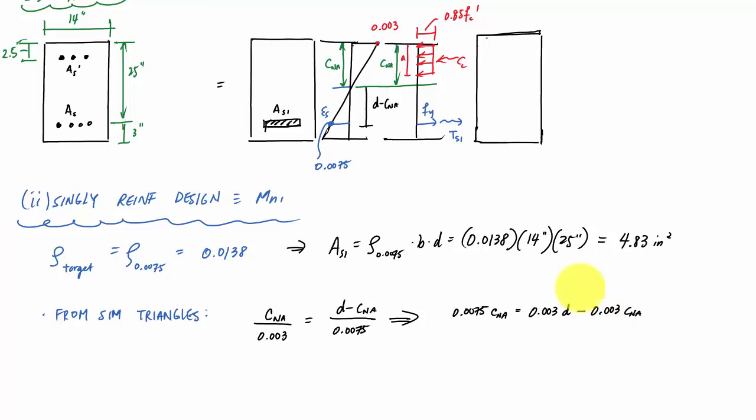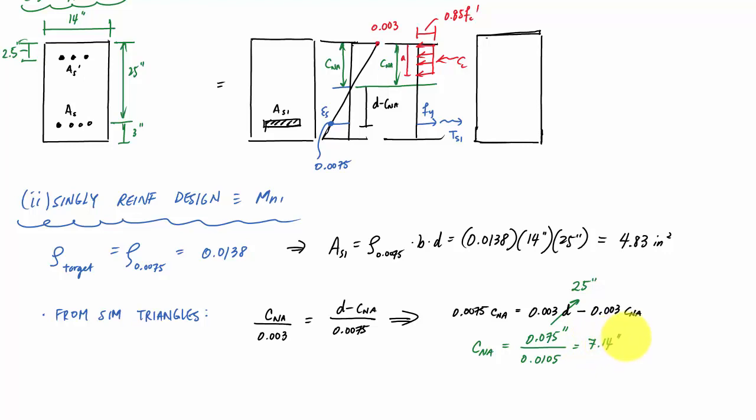And d is 25 inches, and so c_NA is 0.003 times 25, which is 0.075 inches, divided by 0.0105, I believe. And what is that? 7.14. It's 7.14 inches.